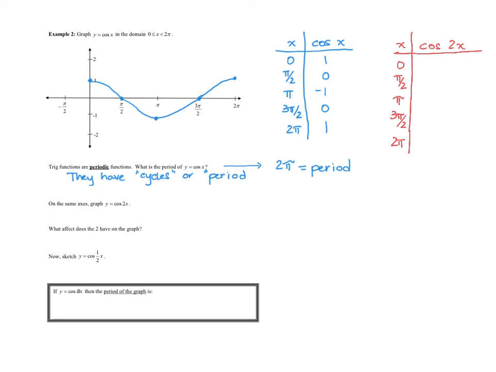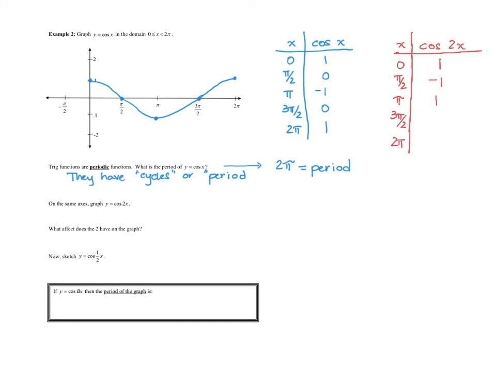Well, 2 times 0 is still 0, and the cosine of 0 is 1. At pi over 2, if I multiply that by 2, I'm going to get the cosine of pi, which is negative 1. If I plug in pi, multiplied by 2, I'll have the cosine of 2 pi, which is back at 1.